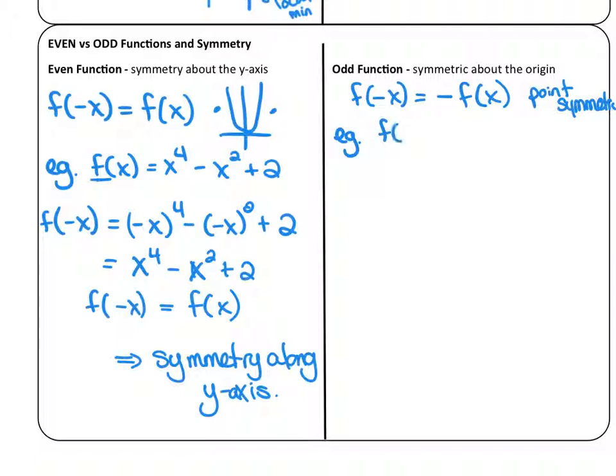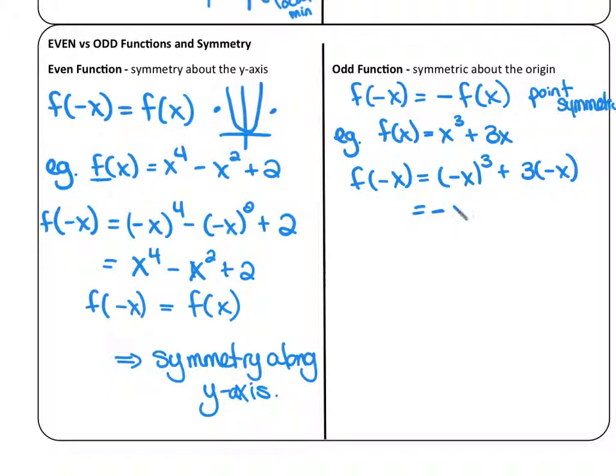So let's say that f of x equals x cubed plus 3x. You'll do the same thing. You'll put the negative x in, plus 3 times the negative x. Now, when you're doing the cube of a negative, so a negative times a negative times a negative, it's going to be negative x cubed. And 3 times negative x is minus 3x.